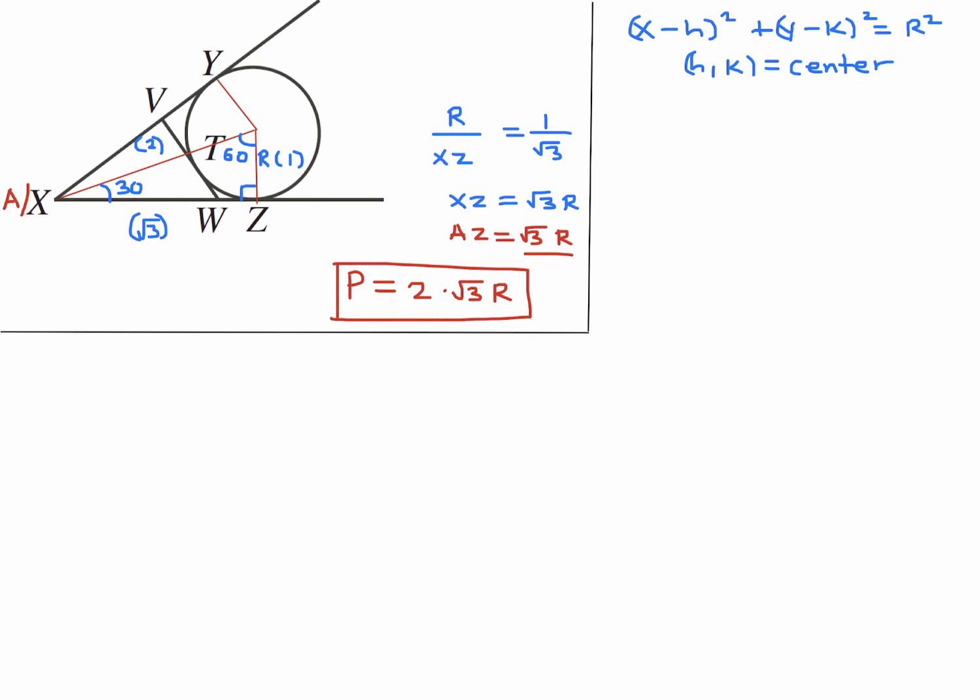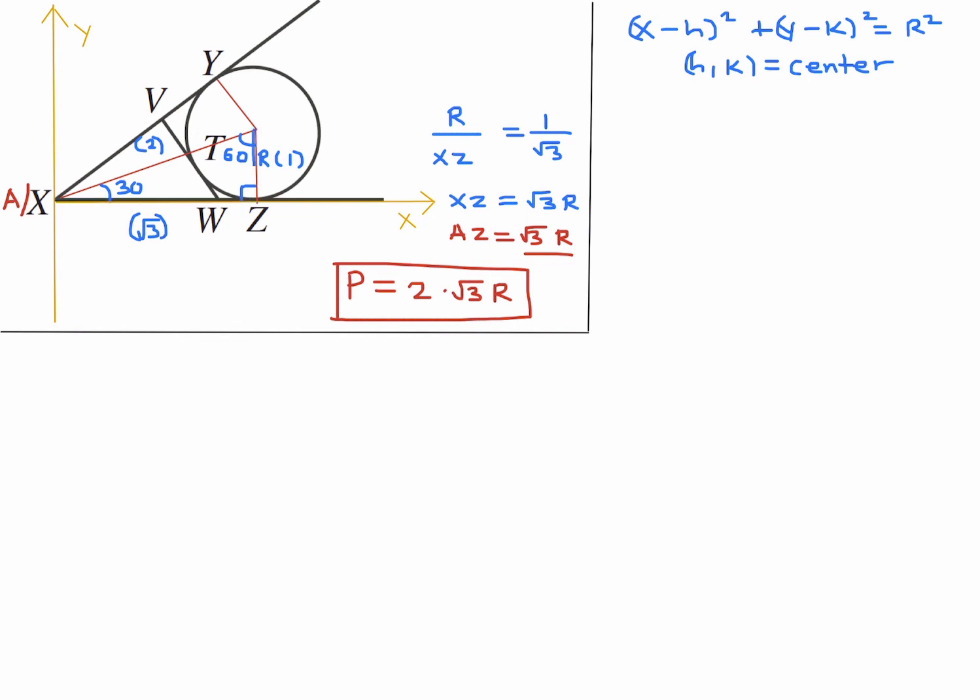Well, if we were to place this on a coordinate plane, it would make a little bit more sense for us. So let's do that. This line will just represent my x-axis. Okay? That's my x-axis. And this line right here will represent my y-axis. There we go. Well, the distance from here to here represents the x-coordinate of the center.